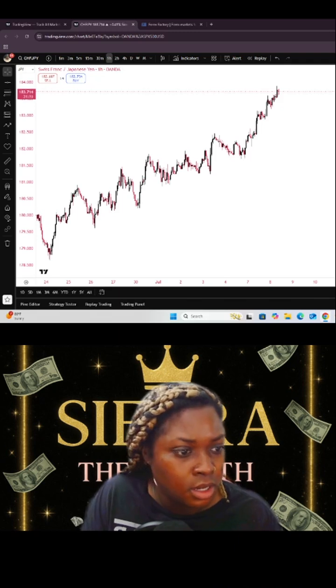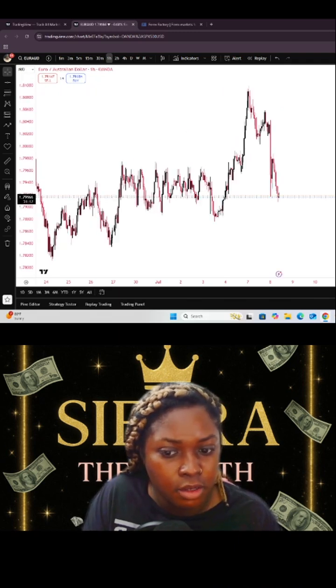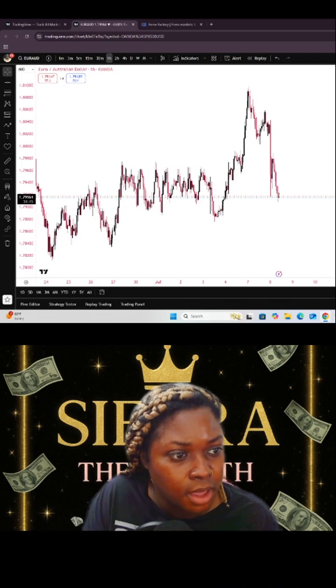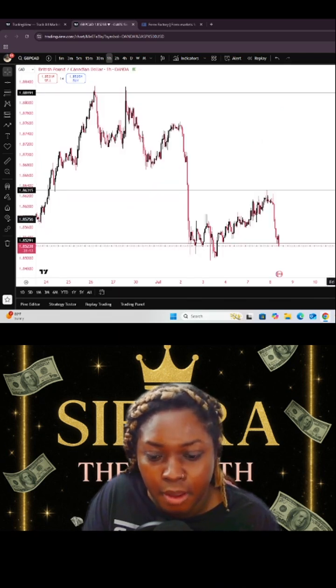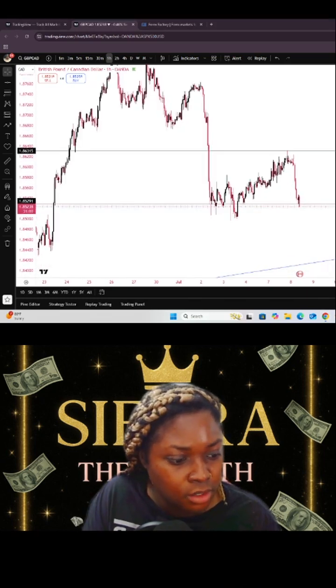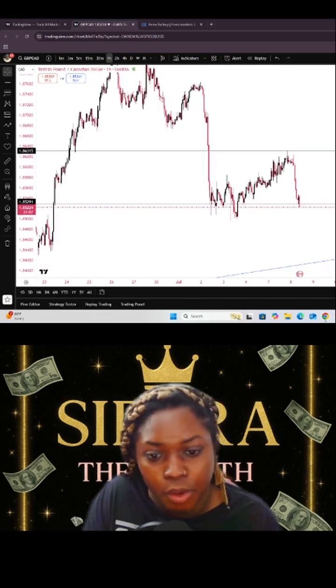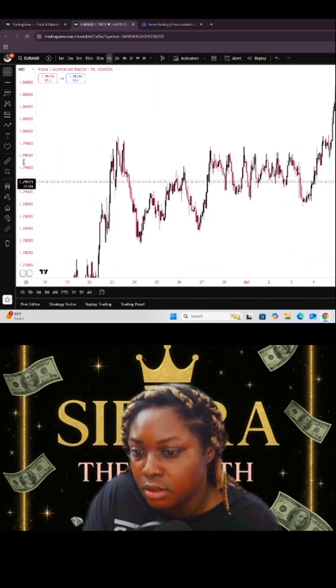Euro odd is probably going to be our best bet along with GBP CAD. Okay. All right. So as we're waiting on GBP CAD to set up, we will mark up Euro odd.